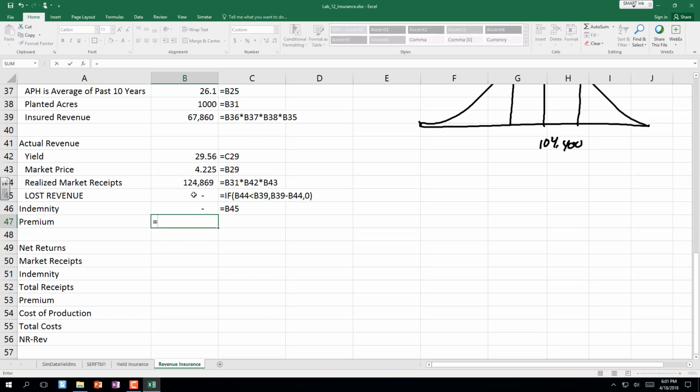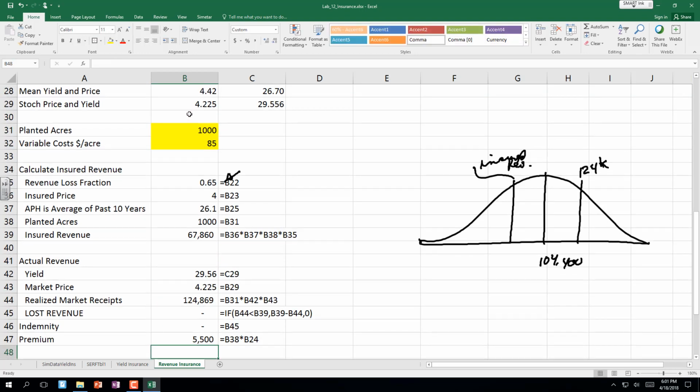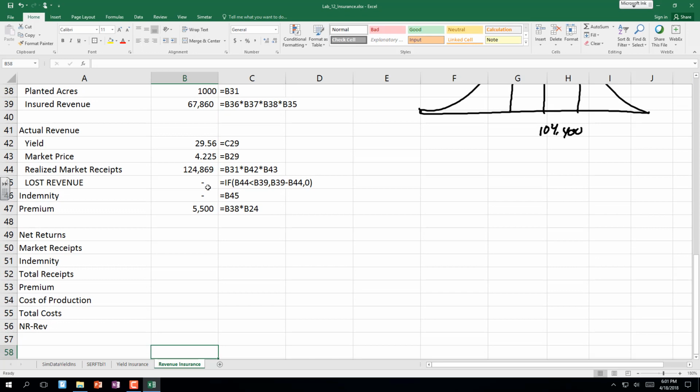The premium is equal to acres. So we've got 1,000 acres here times that premium up above. And it's in B24. So my net returns, I've got costs someplace.